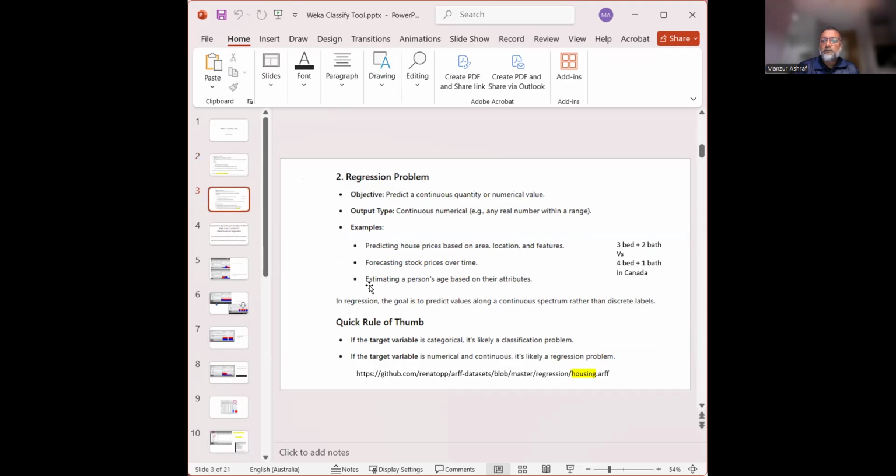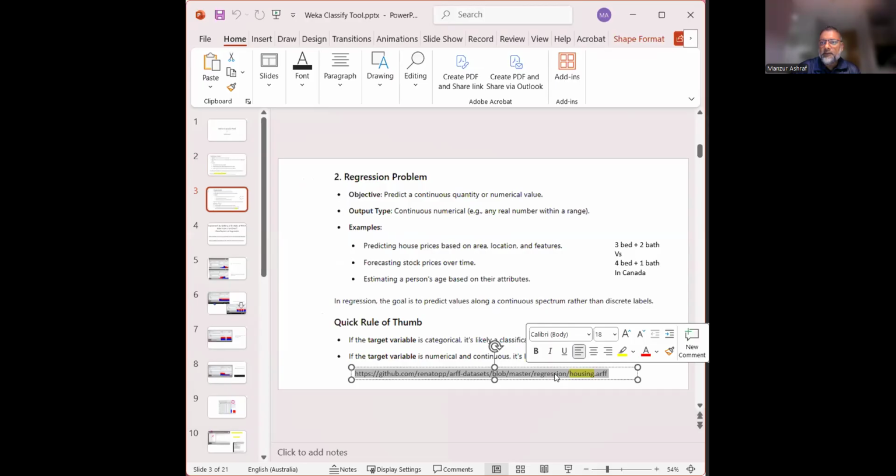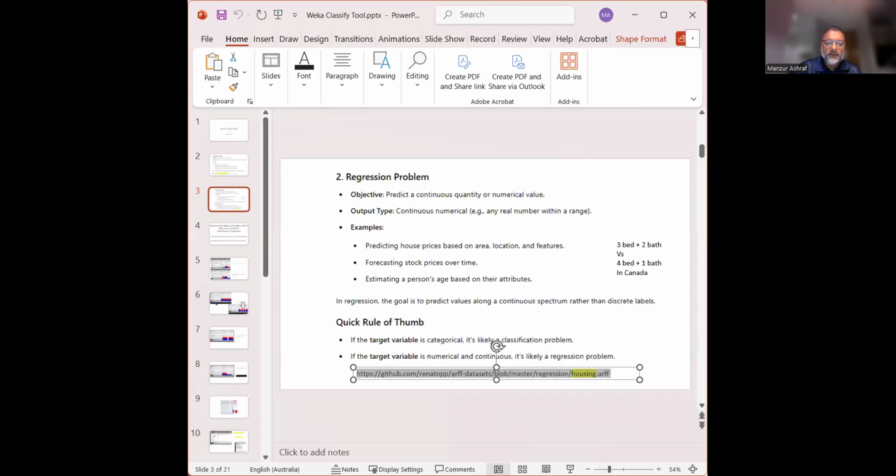Now, I want to show you another example of what is regression. This is the second type of problem, regression. There is an example given in GitHub, housing.arff. I just copy that, and then I would like to open that in Chrome.